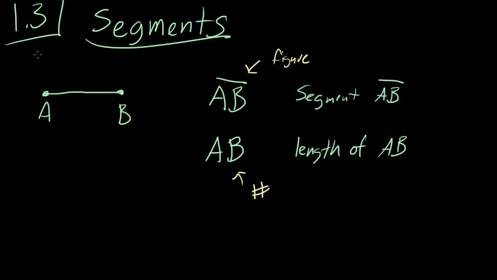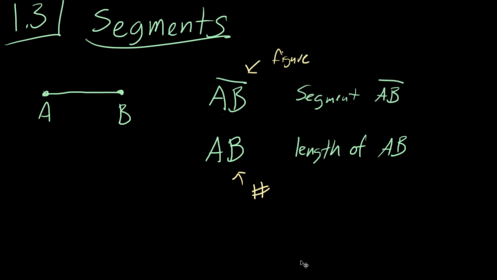And that's important. It's a very important distinction that's going to be with us all the way through this course. You need to get it through your head that this is a figure and this is a number. That's going to be important all the way until the end of the course.